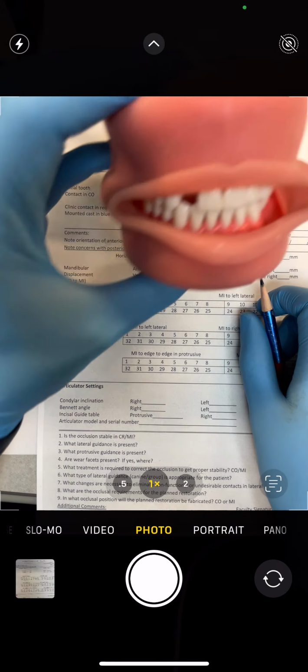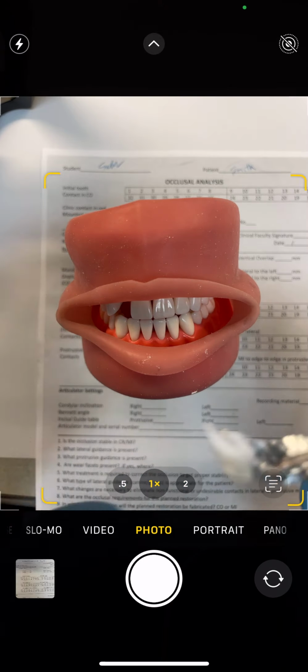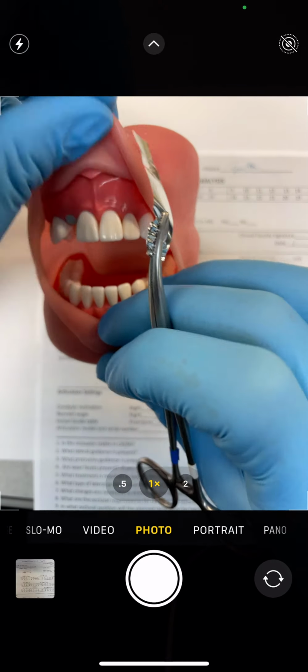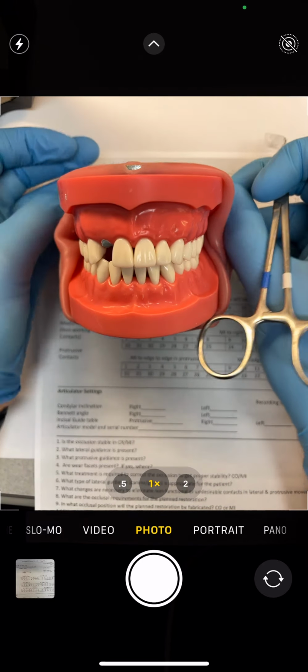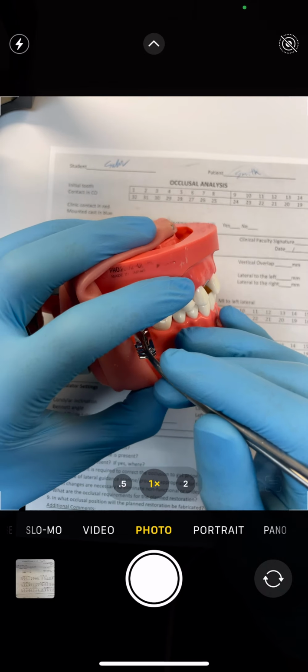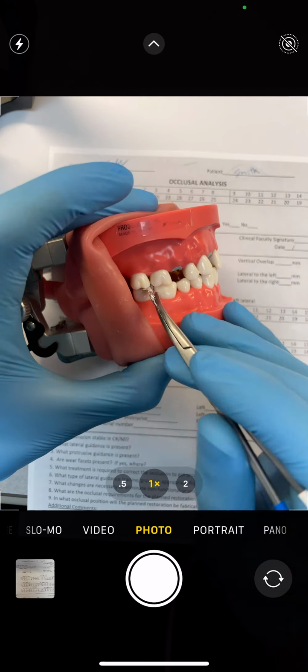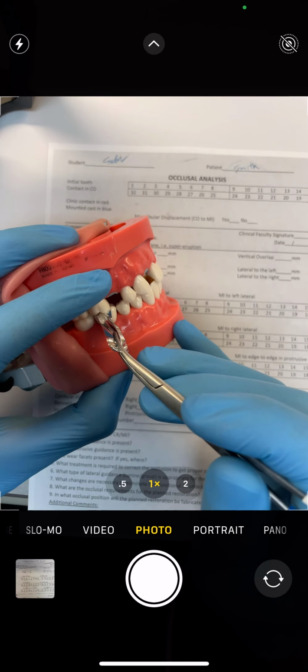So let's start. The typodont is here, I have shim stock. I'm going to try to see what teeth are holding. From this side, number 1 is holding, number 2 is holding as well.